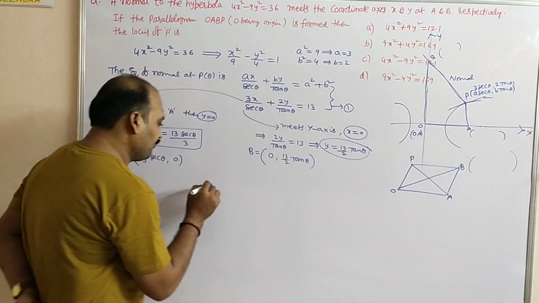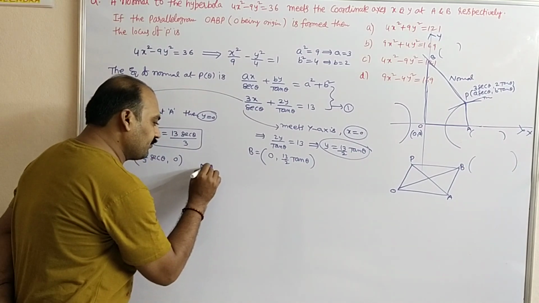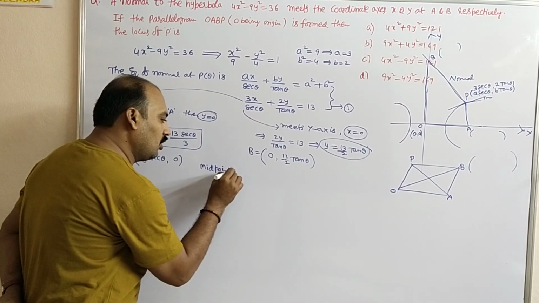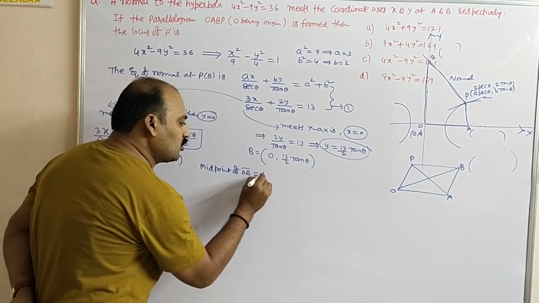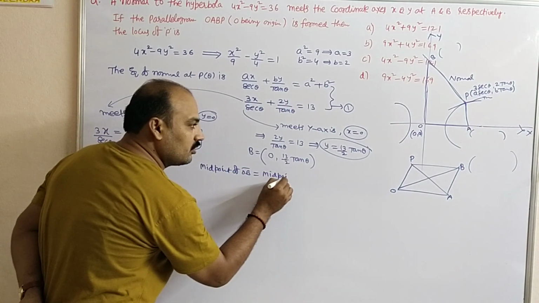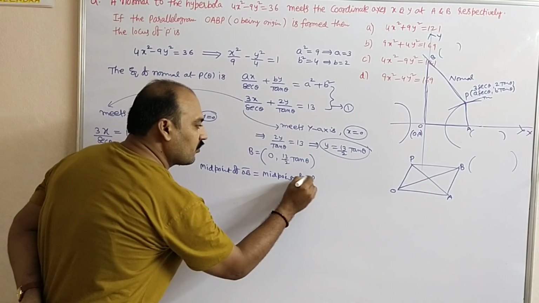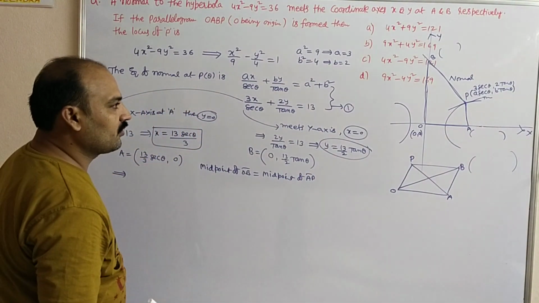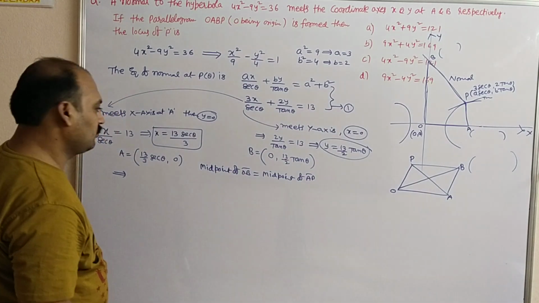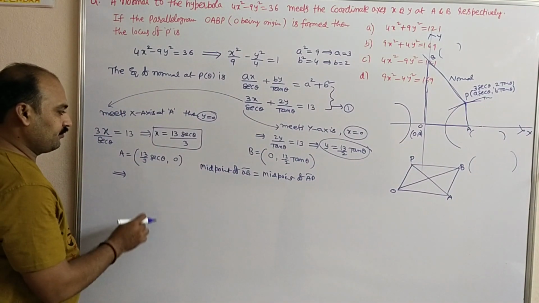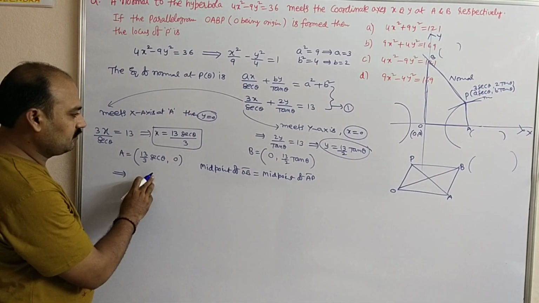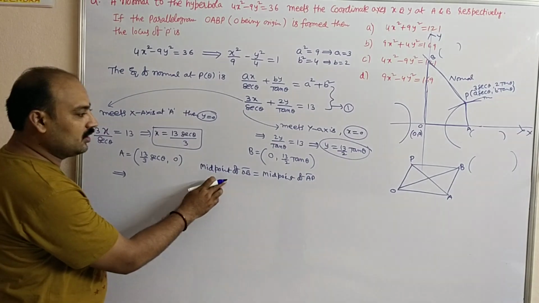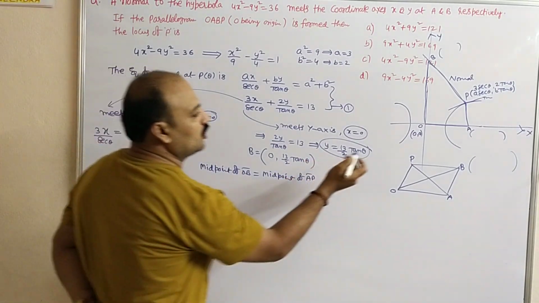Midpoint of OP, midpoint of OB is equal to midpoint of AP. So what is the midpoint here? I am taking the midpoint of OB, O and B. O means origin only.